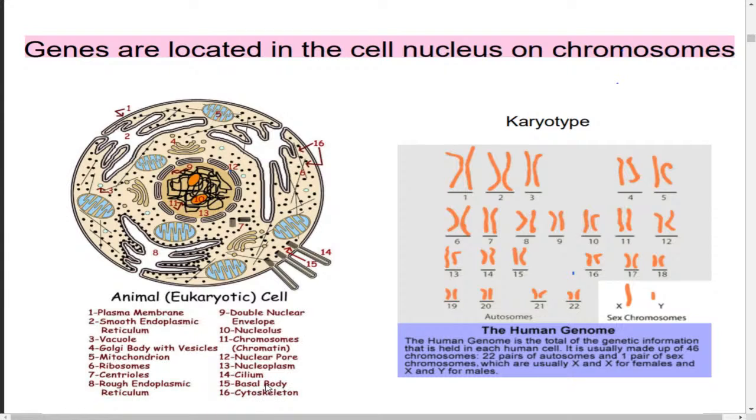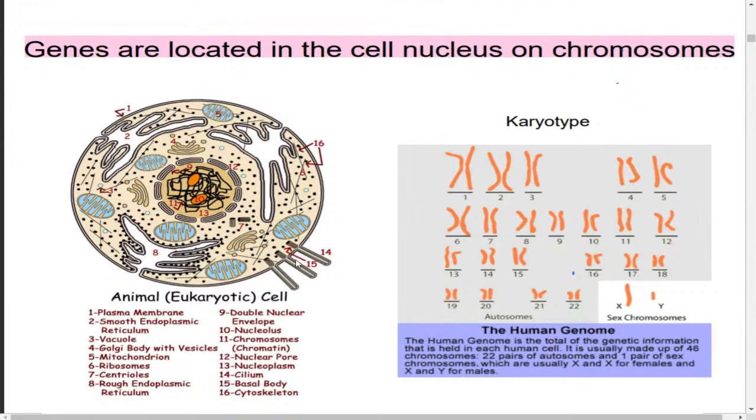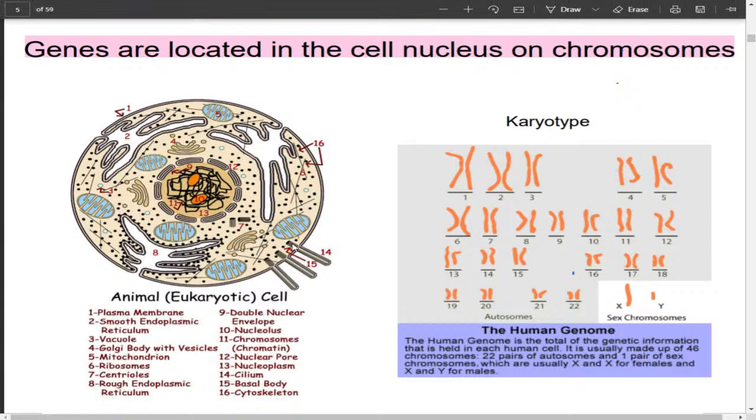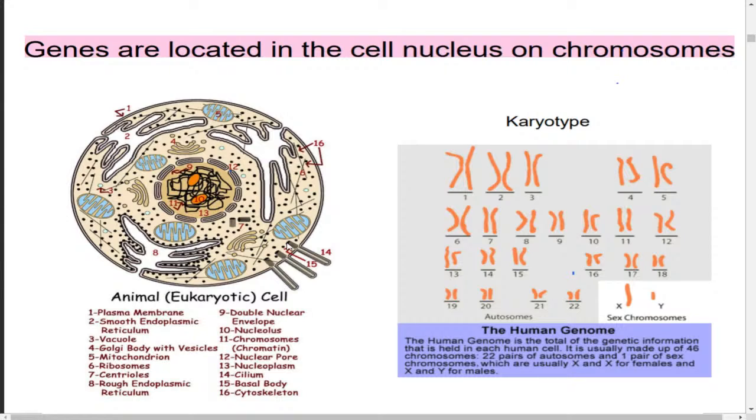Next organelle is the basal body, which is number 15. The basal body here is used to provide the cilium with the force needed to pivot and hold the cilium in its place, called the basal body.